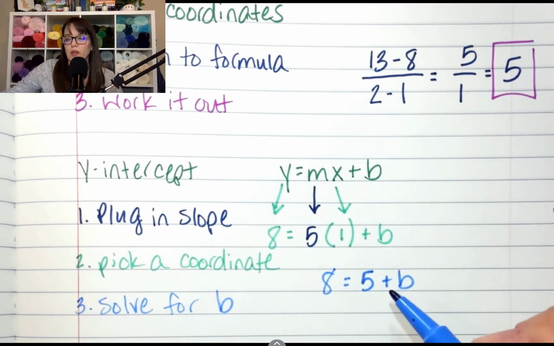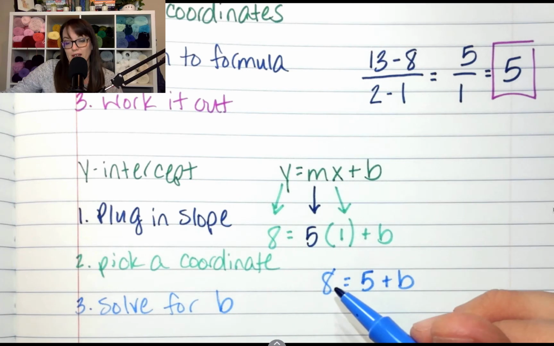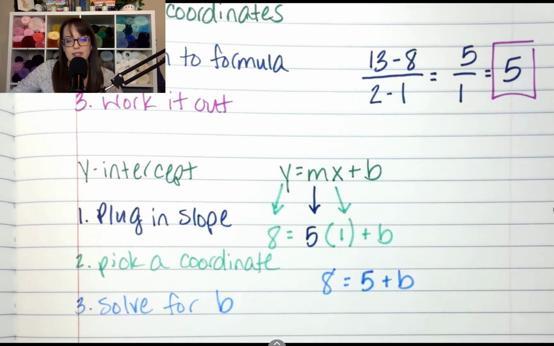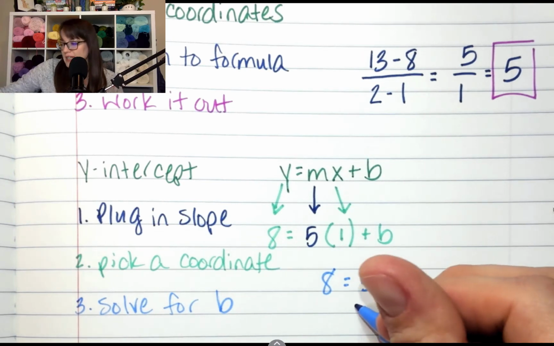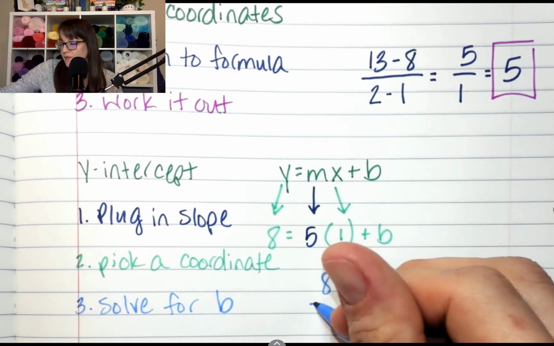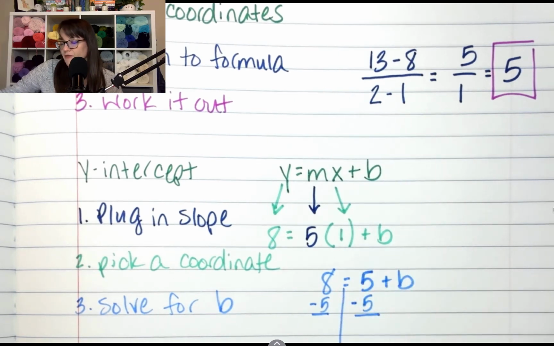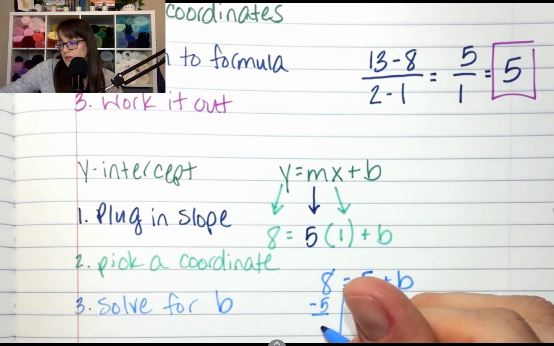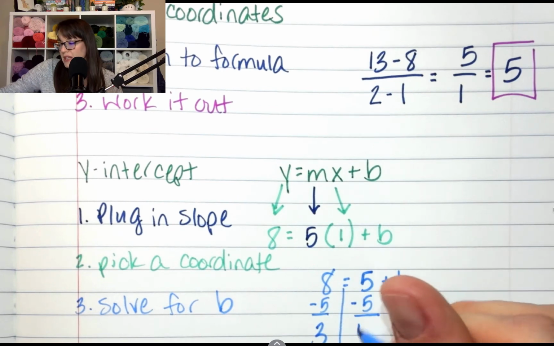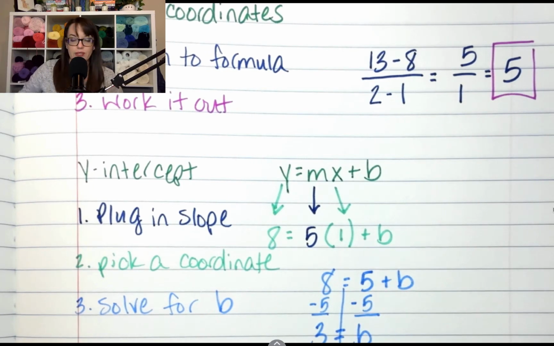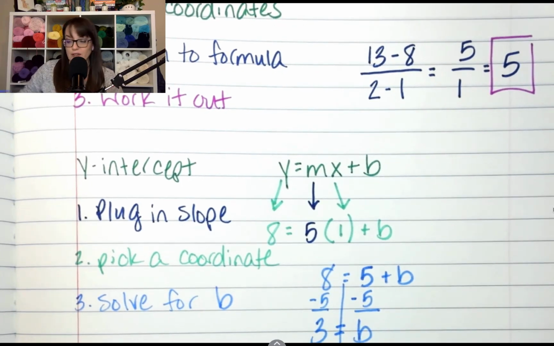Remember when we had to do the opposite? So instead of adding 5, what's the opposite of adding 5? Subtracting 5. So I'm minus 5 from both sides. What is 8 minus 5? 3. So b equals 3. And that's how you find the y-intercept.